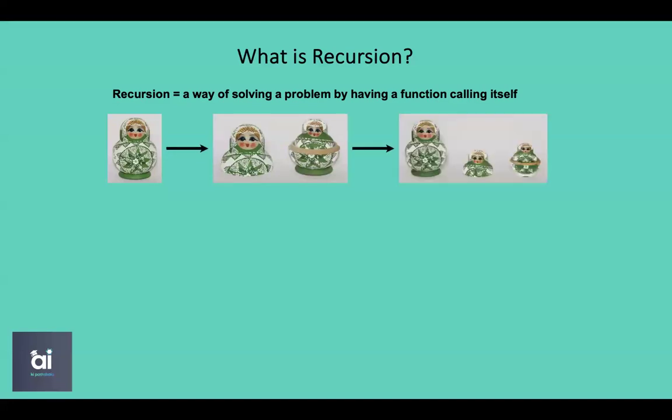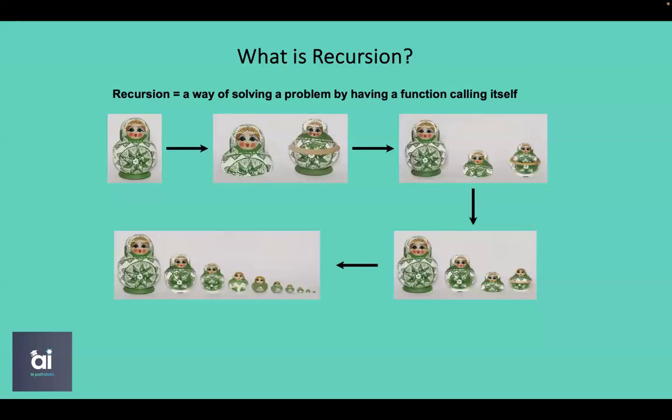Here again you will see another smaller doll. If you do it once more, you will see another smaller one. And we can keep going until we find the smallest Russian doll. It is just one piece, so it does not open.